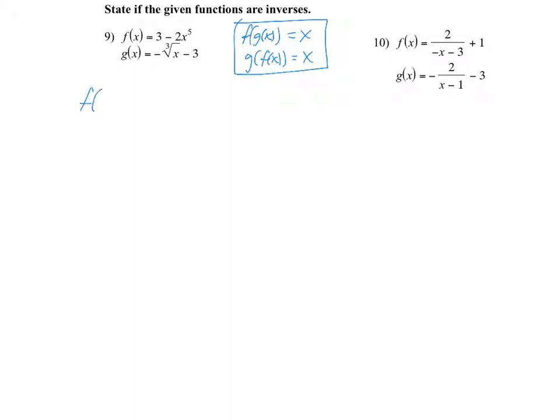f of g of x, right? So f of g of x, f says 3 minus 2 times this function, cube root of x minus 3, to the 5th power. So when we're doing this expansion, this cube root of x minus 3 to the 5th power, we're not going to get it down to x. This is going to be some big funky polynomial. So no way is this going to equal x.